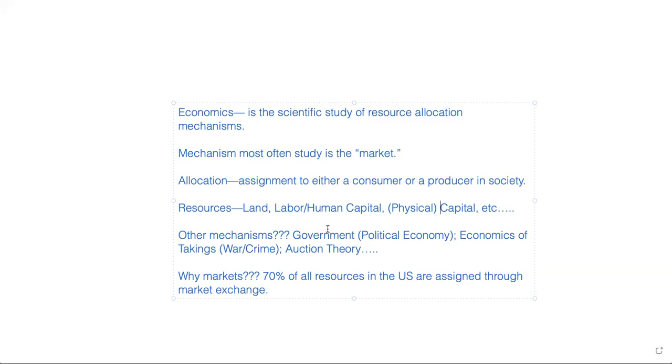A backhoe, a wrench, a server farm that Google uses to store and direct your search queries. That's physical capital. So physical capital is stuff that you can put your hands on that's going to help produce goods and services for your society when combined with labor.